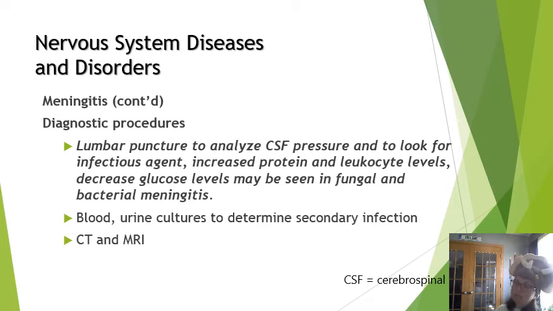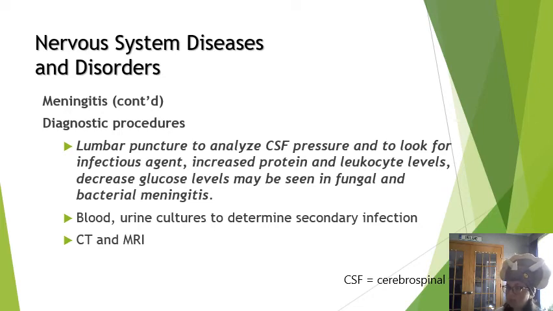To diagnose meningitis, we must get a look at what is flowing around in the spinal fluid. What we need is to identify the infectious agents. This means a lumbar puncture to analyze CSF pressure, to drain and look at that agent. It is also used to look for increased protein, elevated white blood cells. What else do we look at?